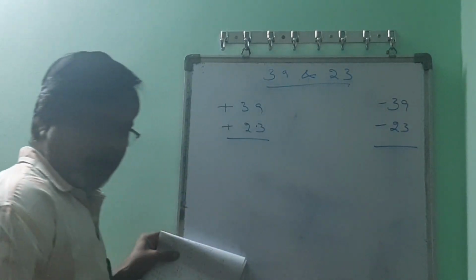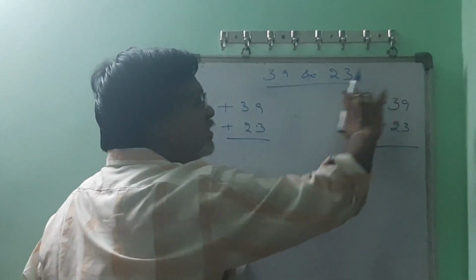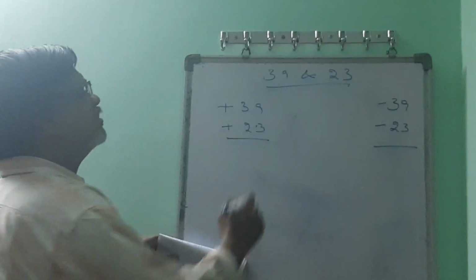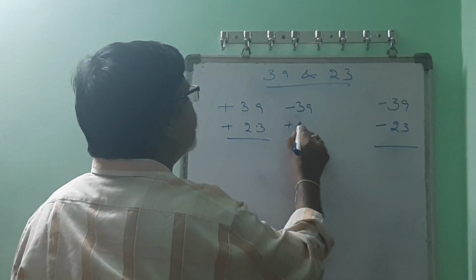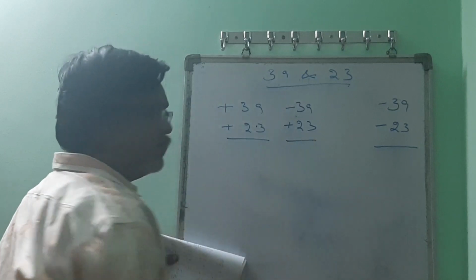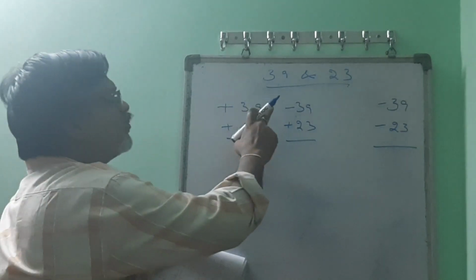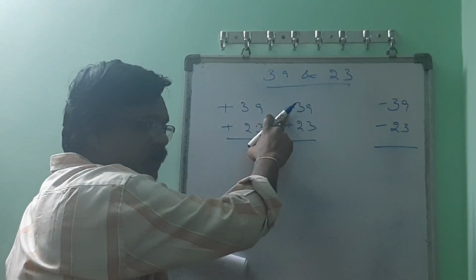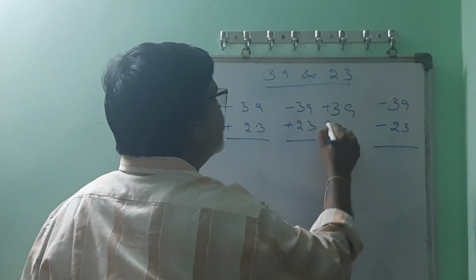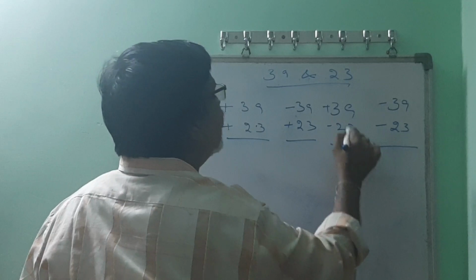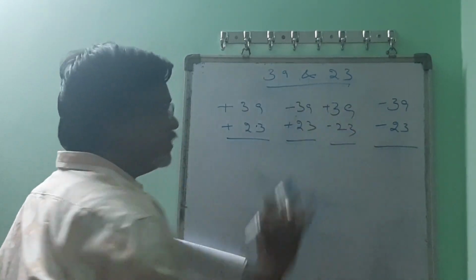Performing the arithmetic operation here also, the two signs are equal. But you will find there are different combinations, like minus 39 plus 23, which is an arithmetic operation with one negative sign and one positive sign, or plus 39 and minus 23, where it is positive and negative.